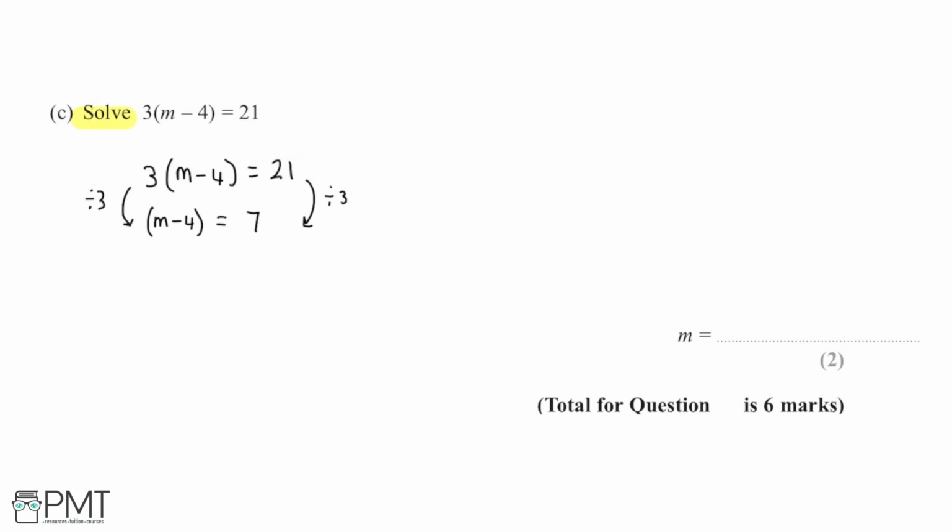Now we have m minus 4 is equal to 7, and if we simply add 4 to each side, we're going to be left with just m on the left. So we have m minus 4 plus 4 is going to be m, and then 7 plus 4 is going to be 11. So here we've isolated the value for m, which is going to be 11 in this case, and that's going to get us both of the marks for this part of the question.